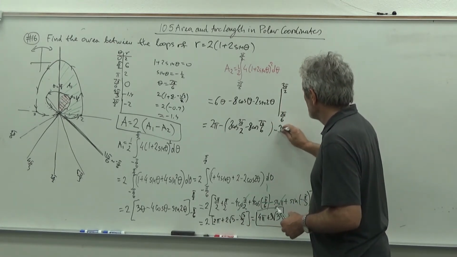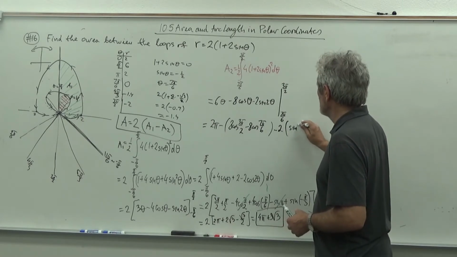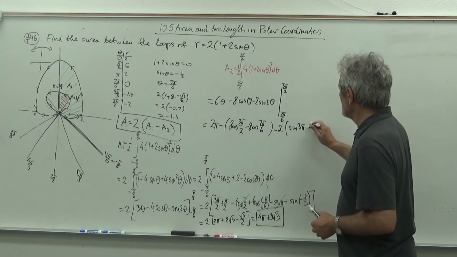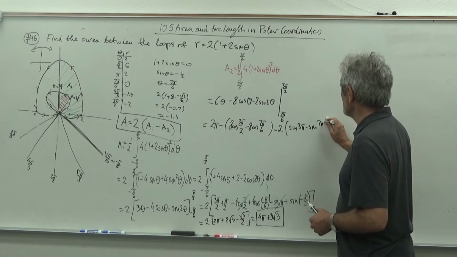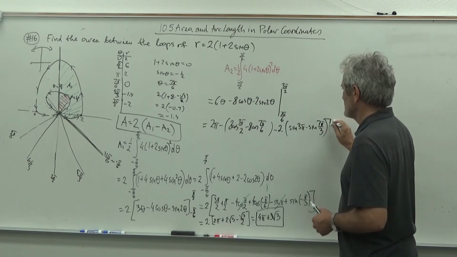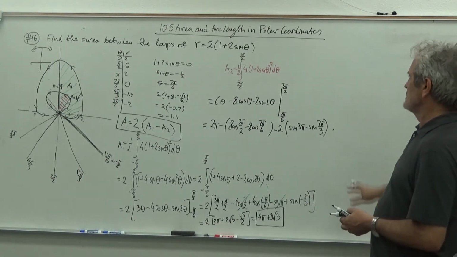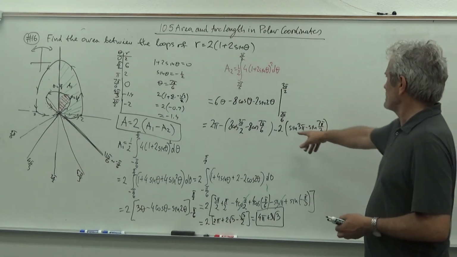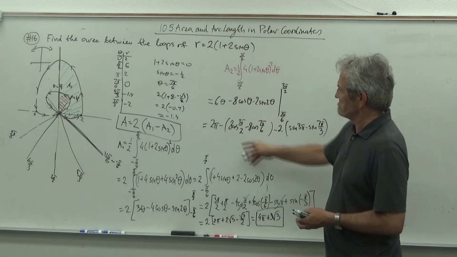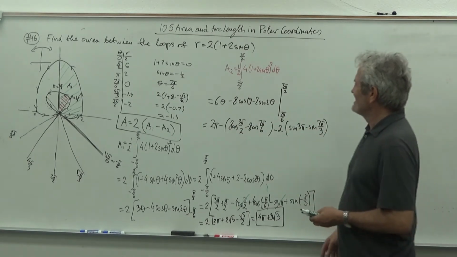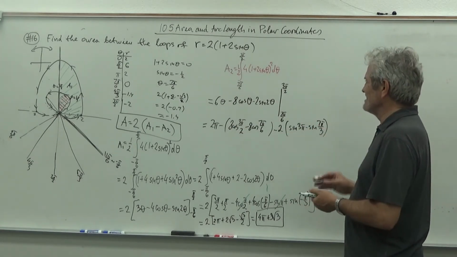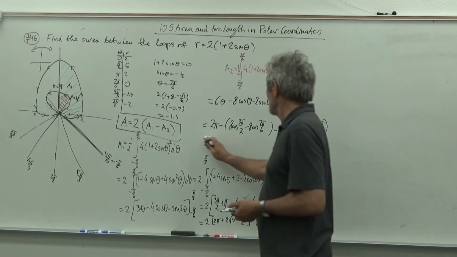And minus 2 times sine 3 pi minus sine 7 pi over 3. So I need parentheses. Here it is. So I plugged in both of them. I kept my 2 outside here. I did each piece in a different style, but that should be okay.